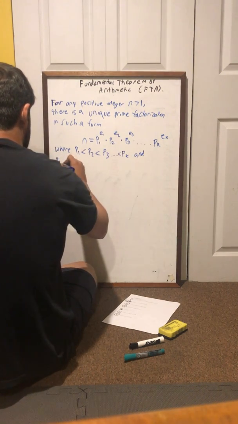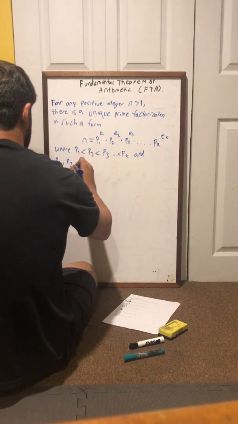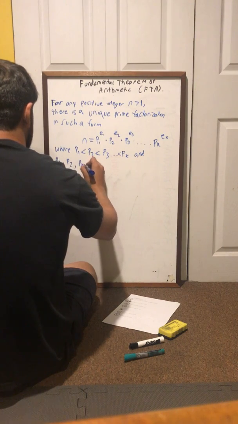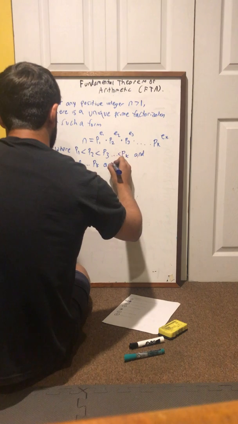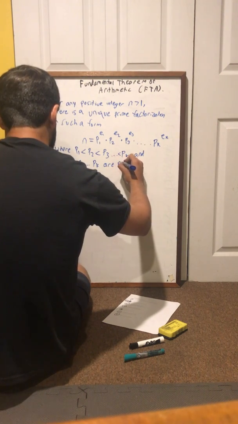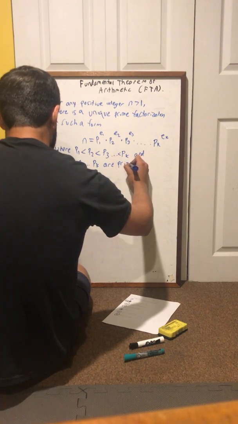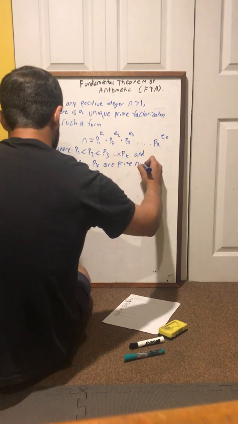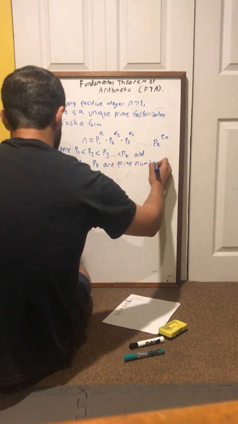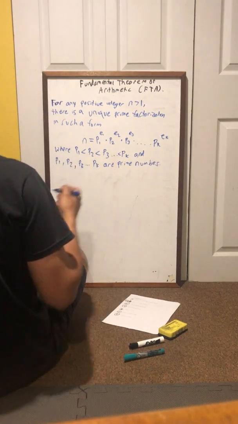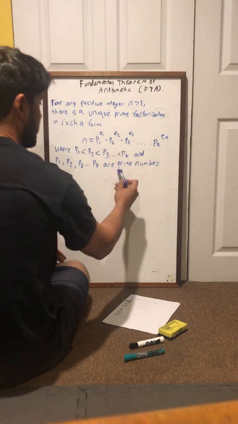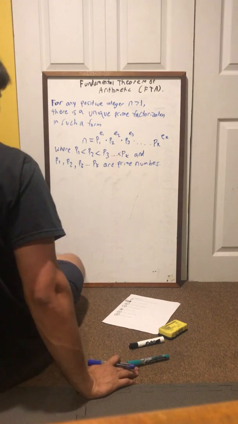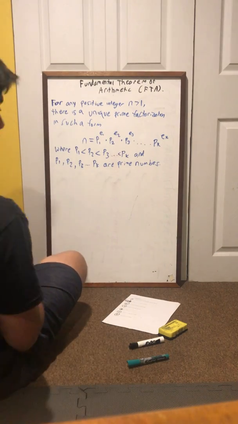P1, p2, p3, all the way to pk are prime numbers. We'll go through the definition of prime after this, kind of important for this problem.